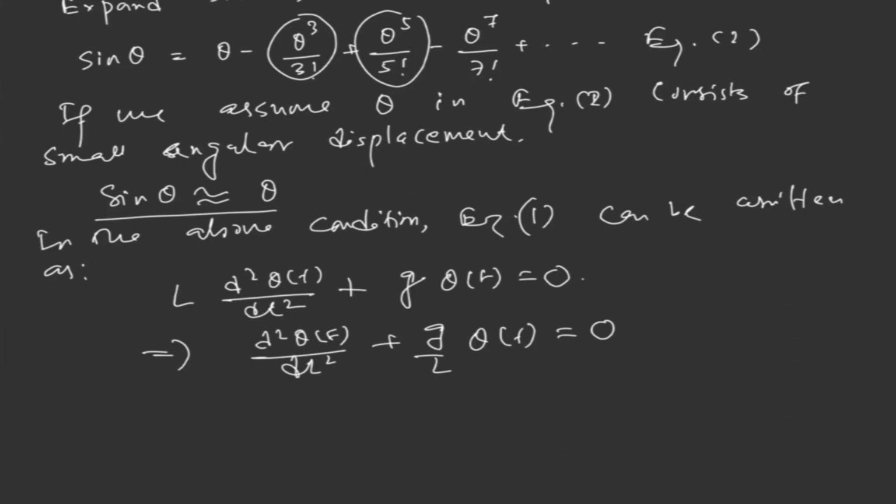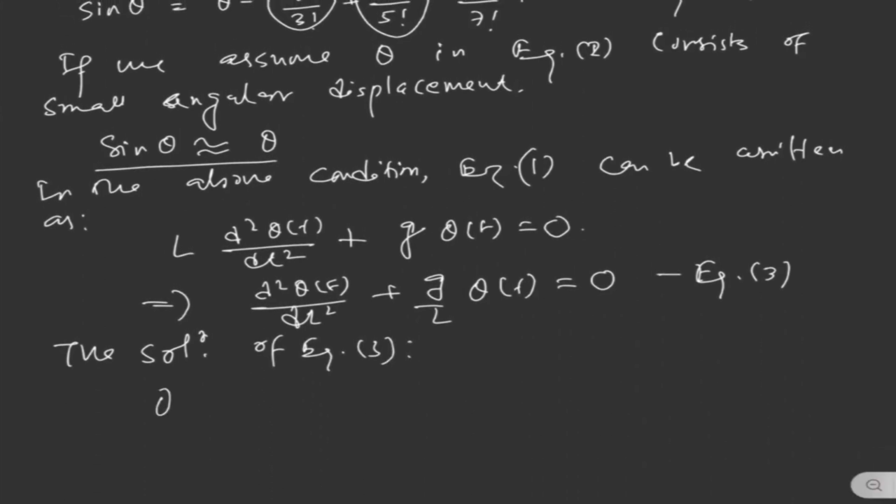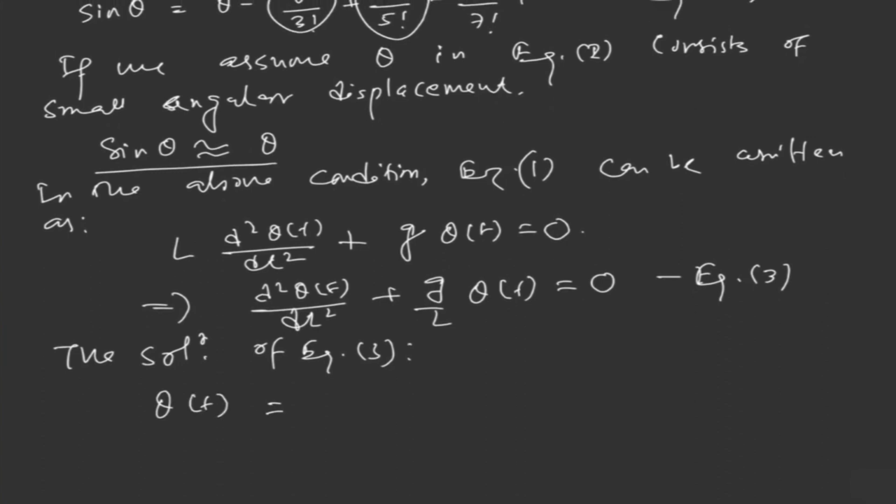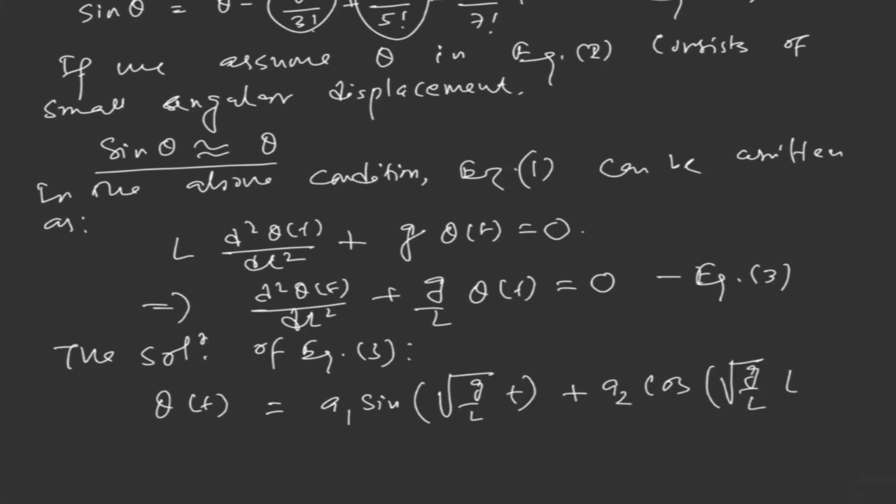And the solution of equation 3 is theta of t equal to a1 sine root over g by L t plus a2 cos root over g by L t.